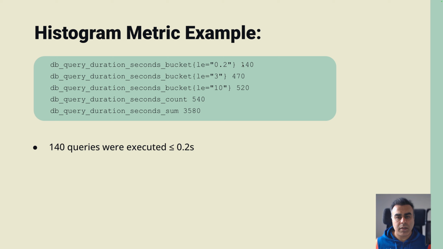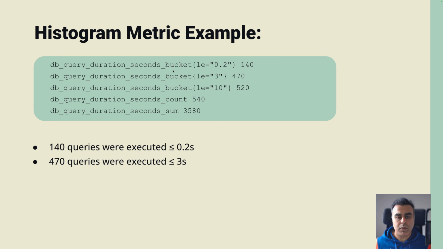So it's saying that 140 queries were executed in less than 0.2 seconds. And the other part is that, again, 470 queries were executed in less than 3 seconds. So instead of quantiles like 0.1, 0.5 and maximum 1, we have real seconds here.